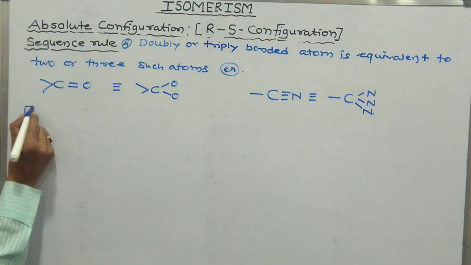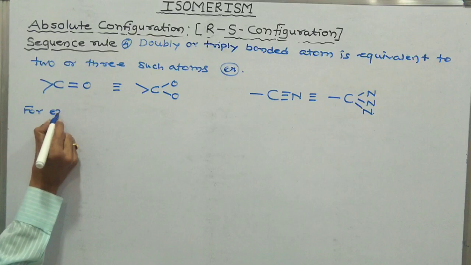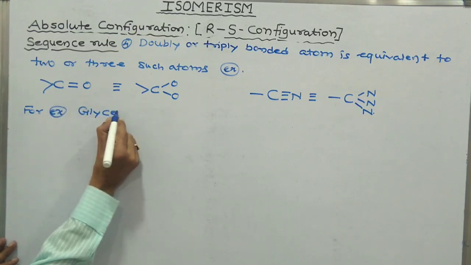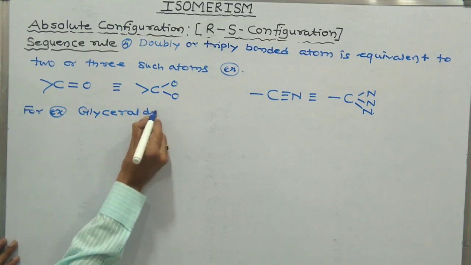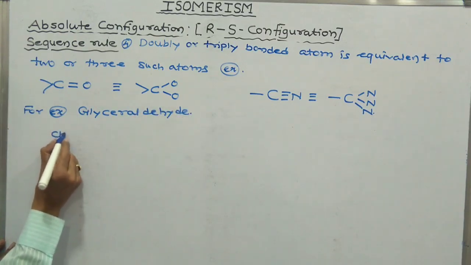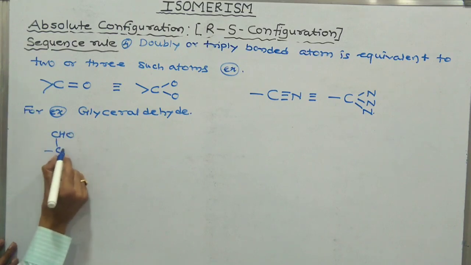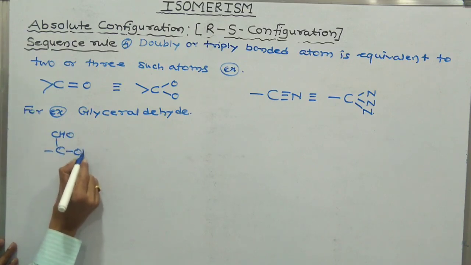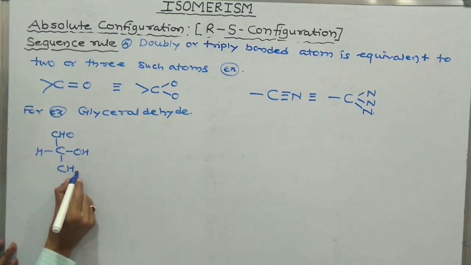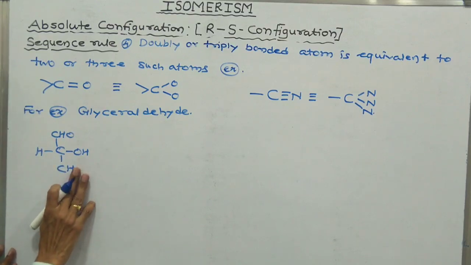For example, glyceraldehyde: CHO, CHOH, CH2OH.